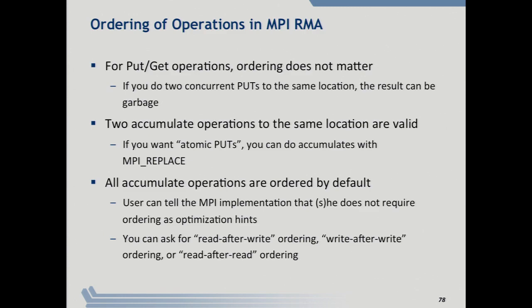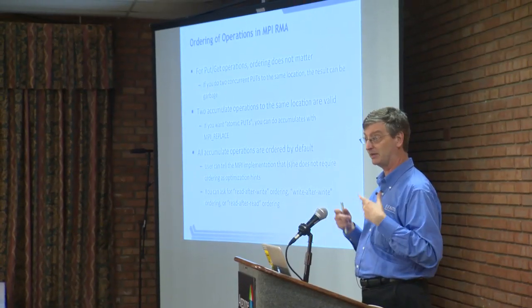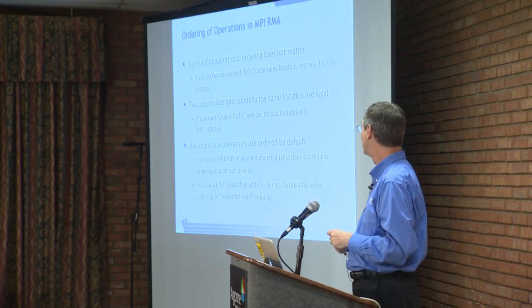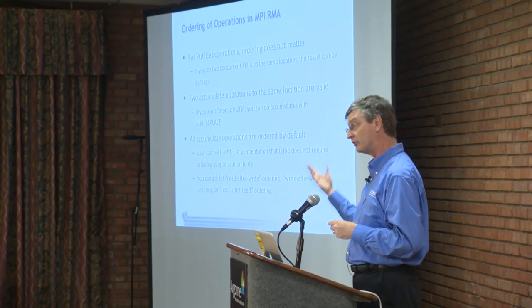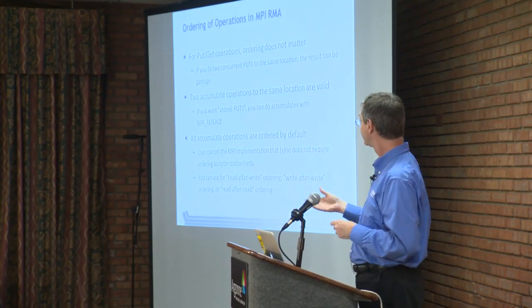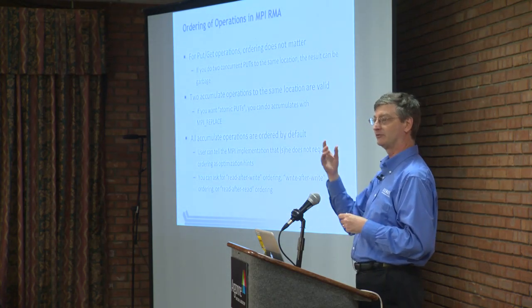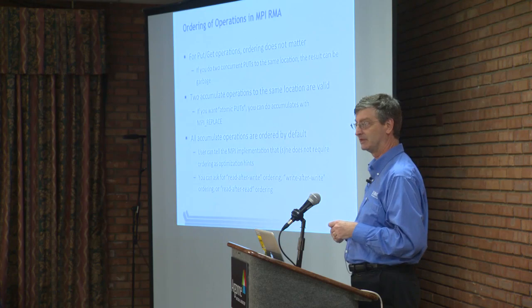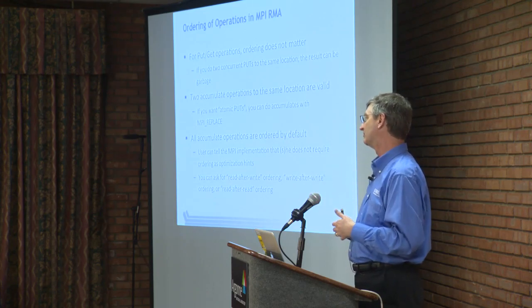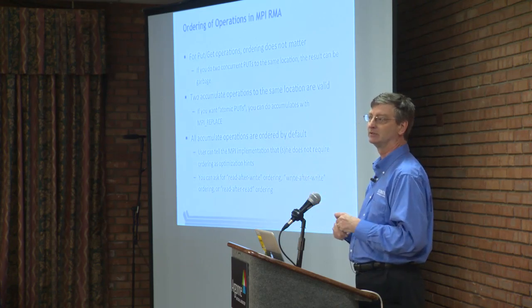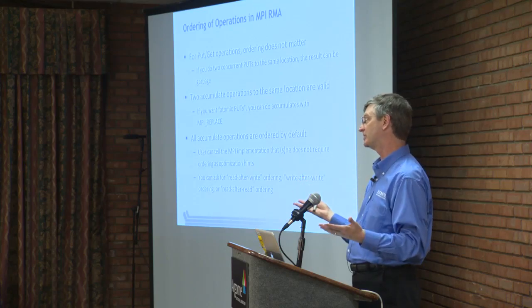So if you don't need your accumulates to be ordered, you can, in fact, request that as well. But by default, they're ordered. And then again, if you need an ordered put or an ordered get, you use the accumulate with replace or the get accumulate with no op. And so that way, we've been able to cater to a broad variety of needs with a small set of routines.